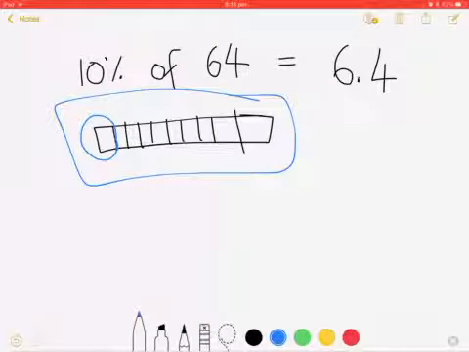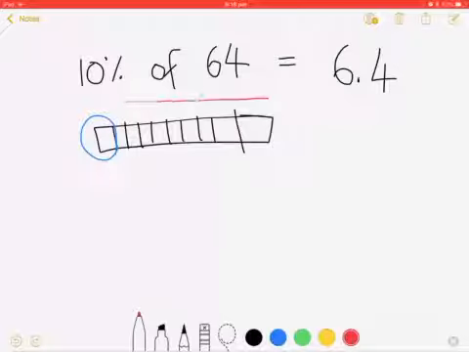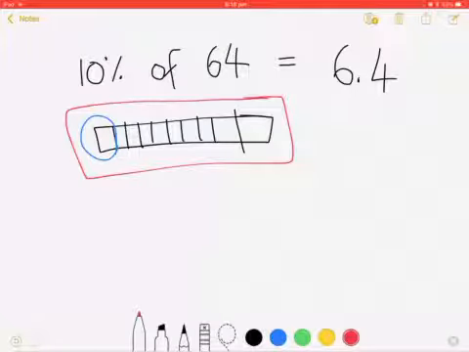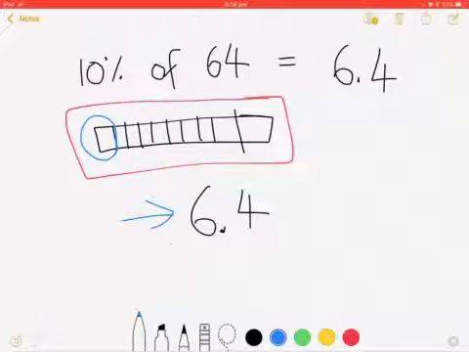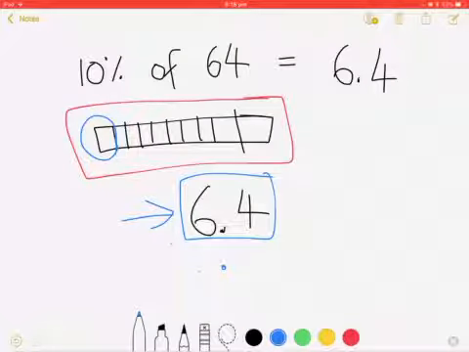Dividing it by 10. So if I take my 6.4 now, and I divide that by 10 again, I'm going to give this number a shove over here, and the 6 moves past the decimal, and the 4 moves over 1, so 0.64.